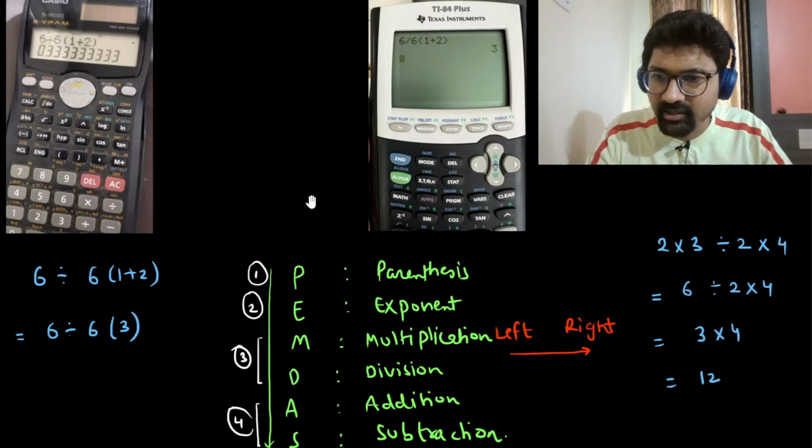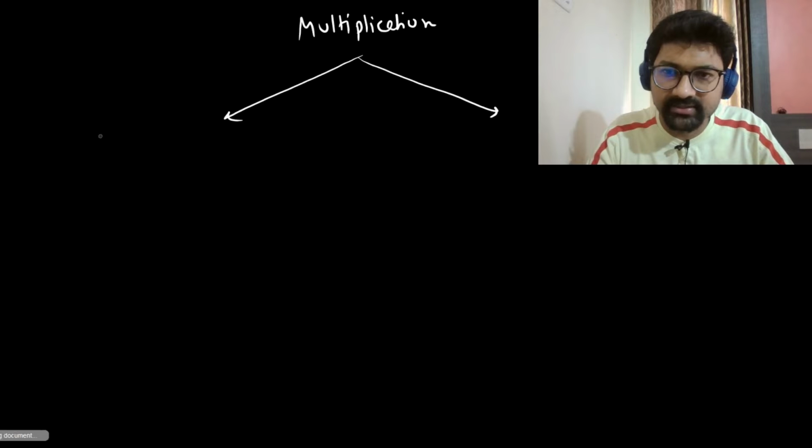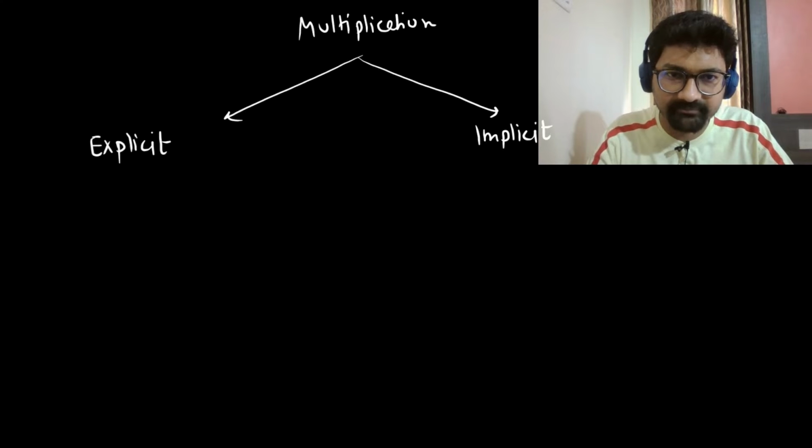Before moving ahead, I'm going to explain a little theory about multiplication, which is actually of two types: one is explicit and the other is implicit. What does that mean? If I write 2 times 3, that is an explicit multiplication, meaning the multiplication sign is explicitly written.